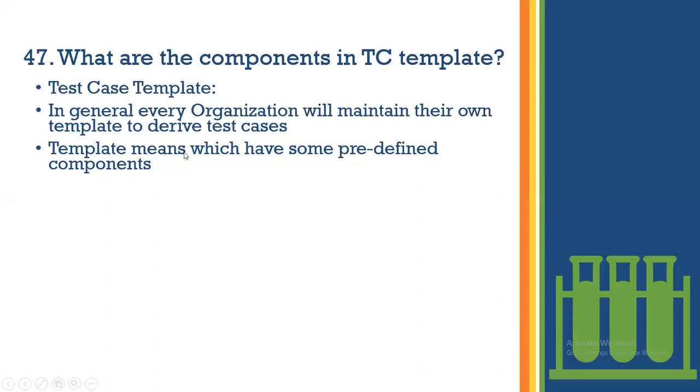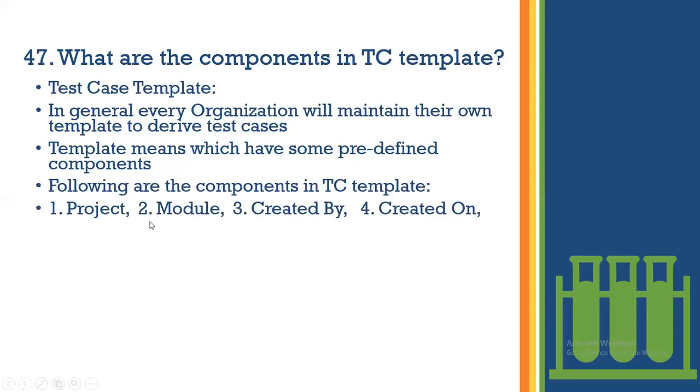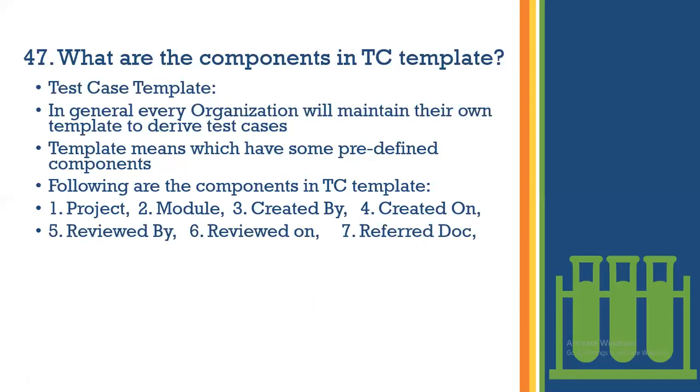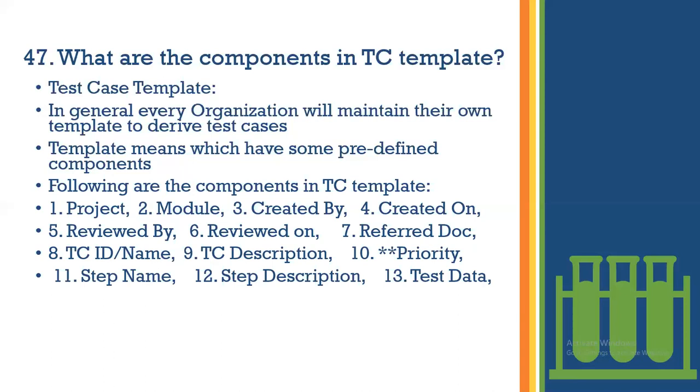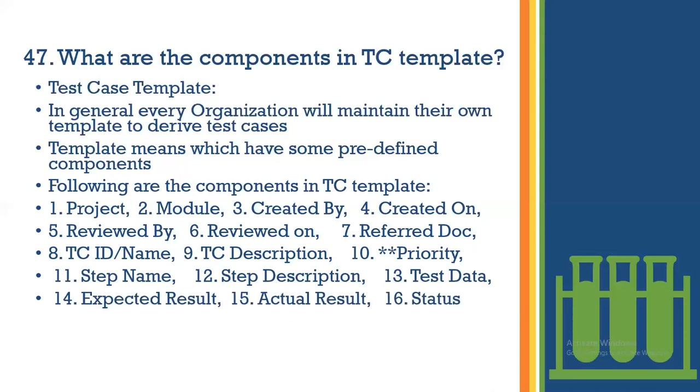Now, coming to template, a template has some predefined components. What components are there in the test case template? Project, so we have to give the name of the project. Module, which module related test cases you are writing, created by, the test engineer name, date created on, reviewed on, referred documents, test case ID or name, test case description, priority, one of the important components, step name, step description, test data, expected result, actual result, and status.